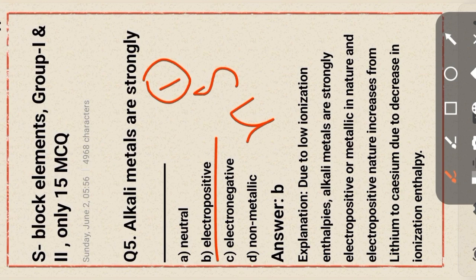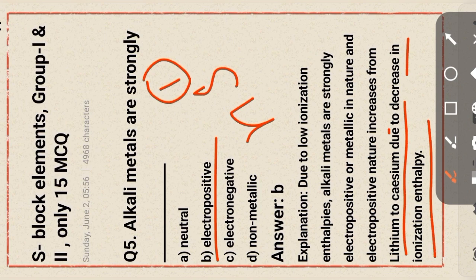Due to low ionization enthalpy, alkali metals are strongly electropositive and metallic in nature, and the electropositive nature increases from lithium to cesium due to the decrease in ionization enthalpy.